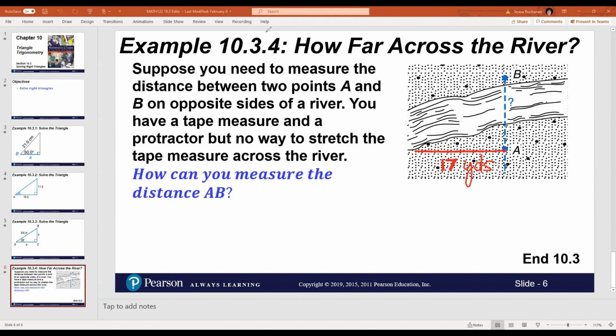And then maybe you also have, as we said, a protractor, and you might have to sight that angle, and maybe you could get that angle figured out right there, and maybe that angle is a 43-degree angle.